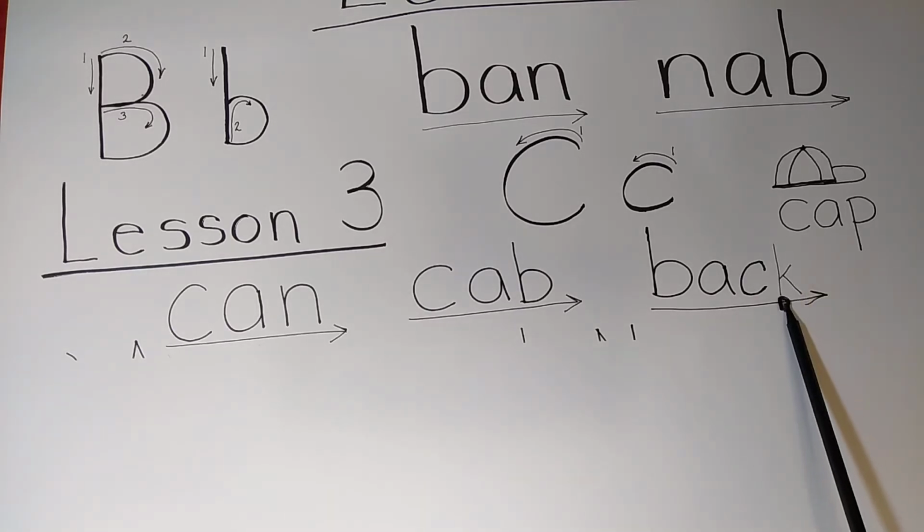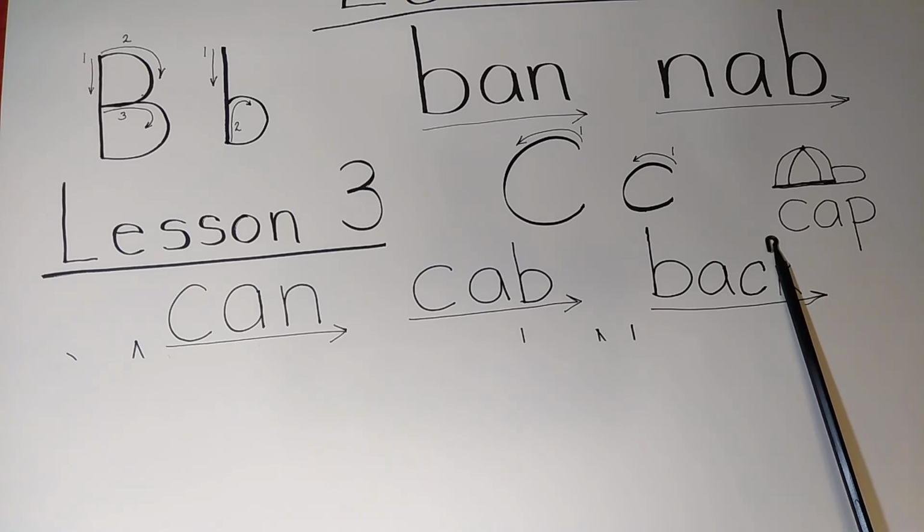You notice that I have the letter K here because back is spelled with this letter K, but we're not going to use it for our spelling right now. We're going to wait until we get to that lesson with K in it. Right now we're just going to spell it B-A-C because these two letters join together to make the K sound.